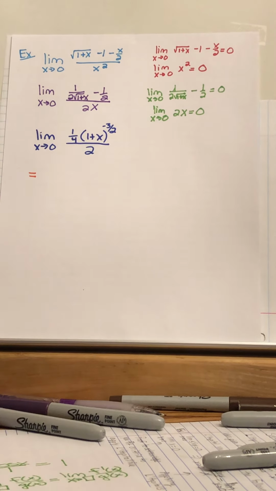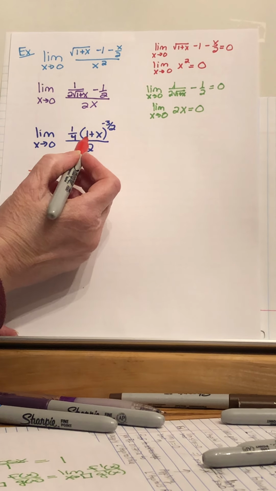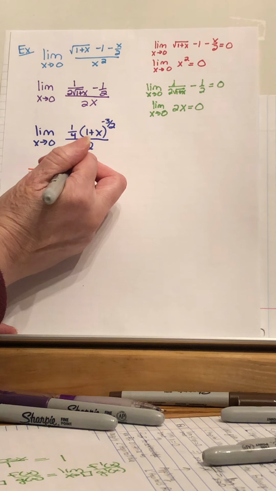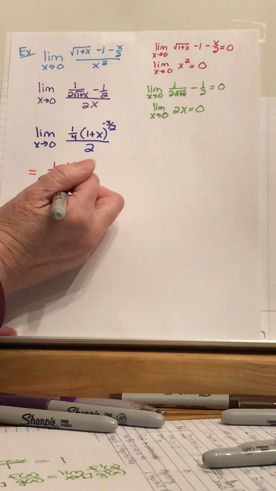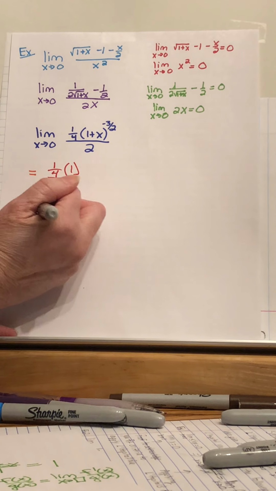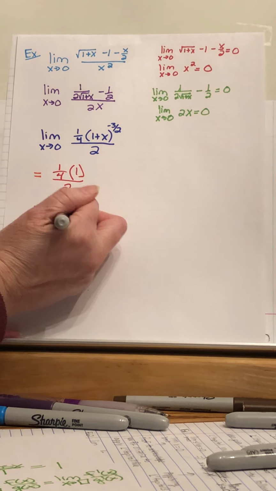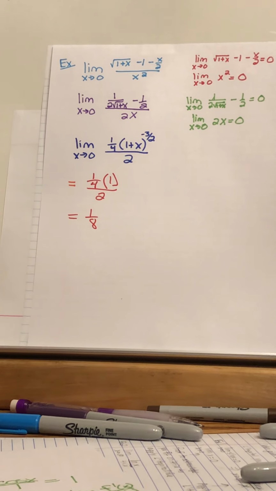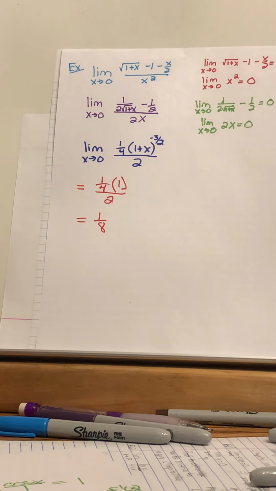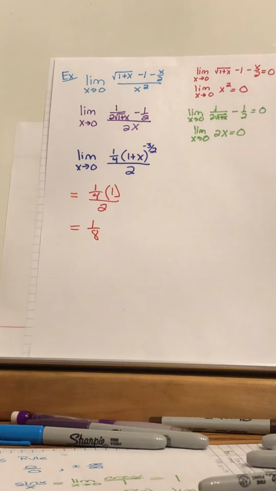I have my 1/4 times, plug in the 0 here, that's 1 to any power. 1 to any power is just a 1, divided by a 2. If I take a fourth divided by 2, that's going to give me an answer of 1/8 for my limit. That's it for my presentation on L'Hopital.